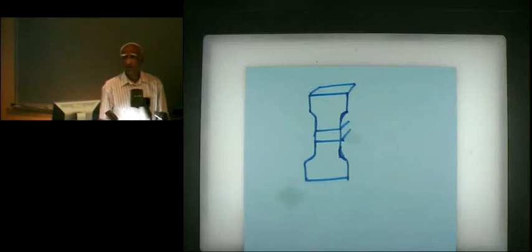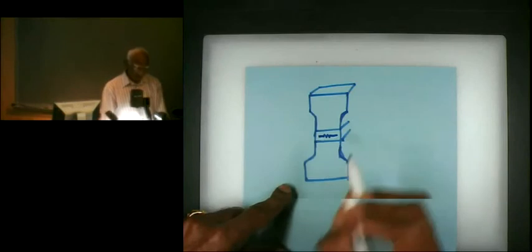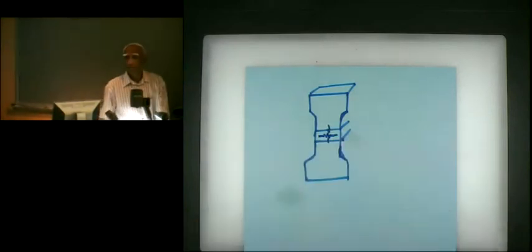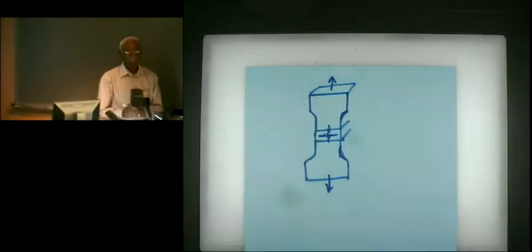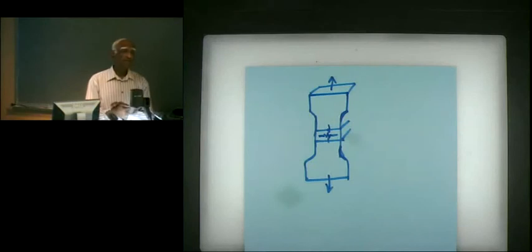If you want to find both Poisson's ratio and Young's modulus, you put a strain gauge in the lateral direction and one in the axial direction. In the MTS machine, you grip it at the ends, but the purpose of gripping is to apply loads. Then you press the button and keep on reading the load versus the strain.